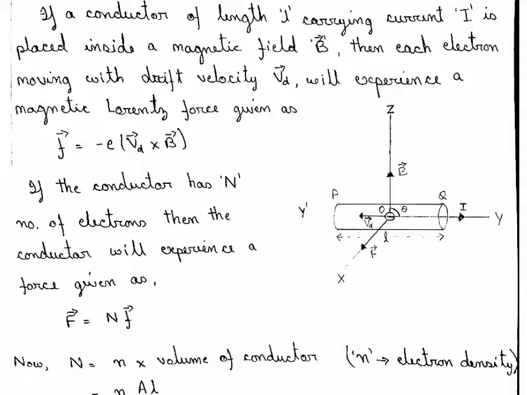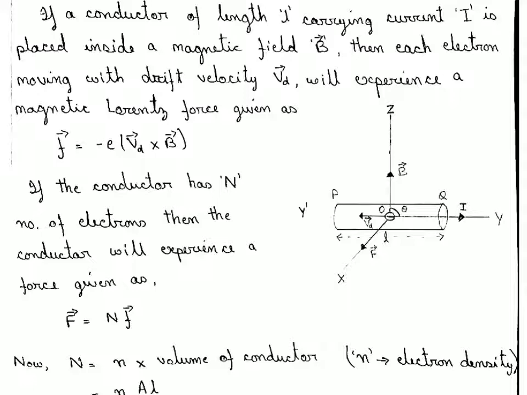Now, if the conductor has N number of electrons, then the whole conductor will experience a force which is given as N times this small f vector. So hence this force experienced by the conductor, which is given by capital F vector, is equal to N f vector.